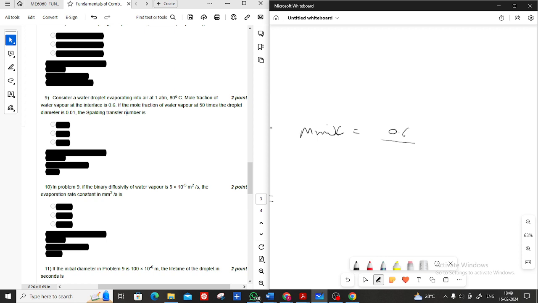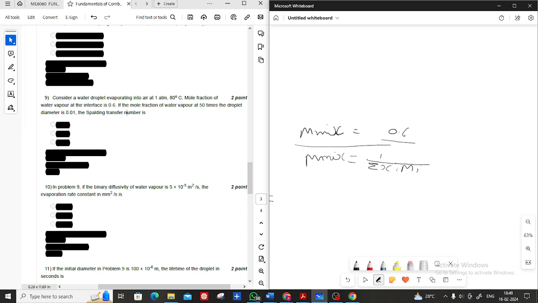Sir, it is 1 upon sigma xi mi. Sir, molecular weight comes around 21.18. This is the molecular weight of mixture, you are saying, right? Yes, sir.